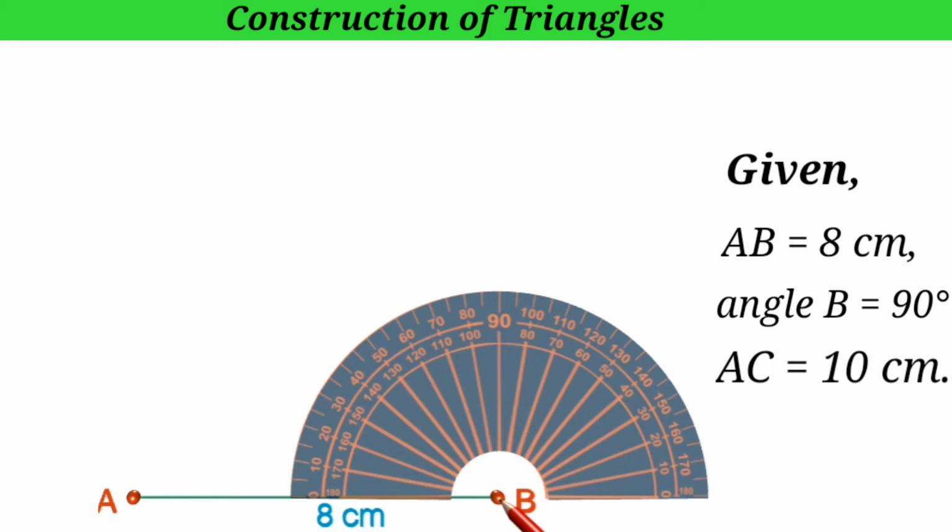So from the line segment, you have to count 90 degrees. So like this 0, 10, 20, 30, 40, 50, 60, 70, 80, 90. So here it is 90 degrees. So see here, this is 90 degrees. You have to identify the 90 degrees. So see here, yes, that is the point of 90 degrees.